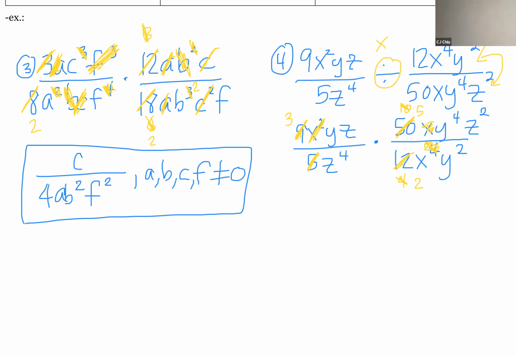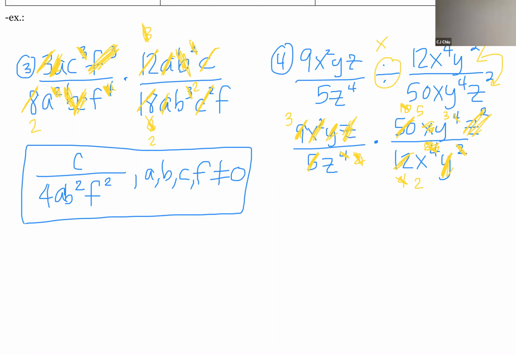The y and the y can cancel here, and then the y cubed becomes a 3 and that can go away. Z squared can cancel out like so, and then this single z can cancel out with that z, and you get a z on the bottom, okay?